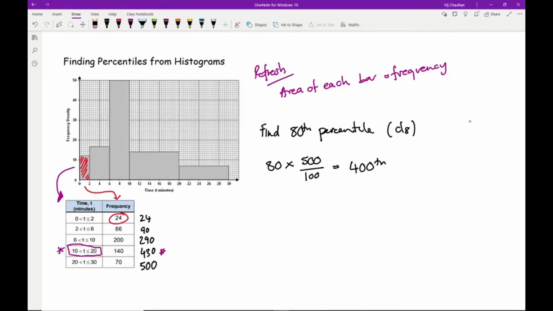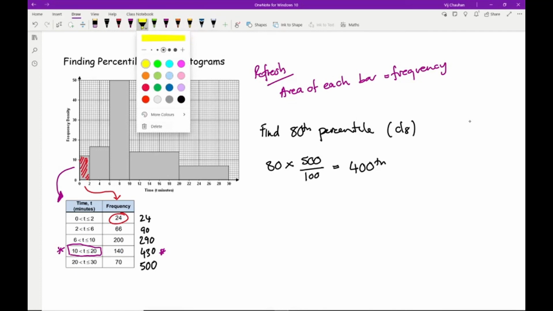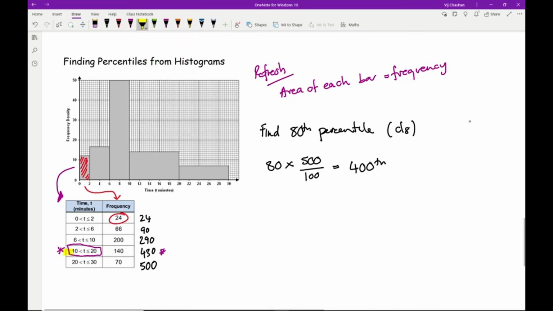So I know that the 80th percentile, the 400th person, is going to be in this group here. Now from this group I've got 140, so I need to take out 30 people. So I need to find where the 110th person in this group is going to be. That's the mark I need to find.